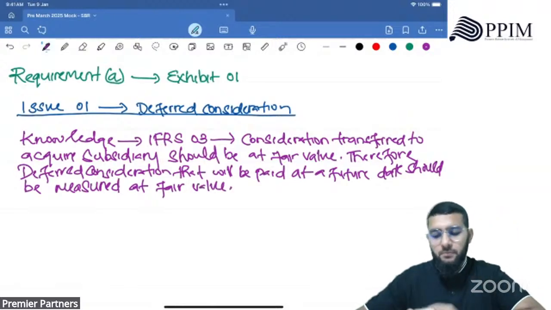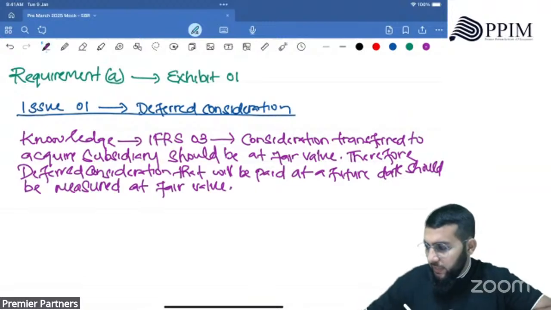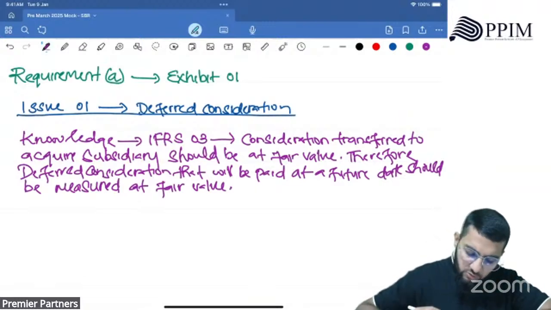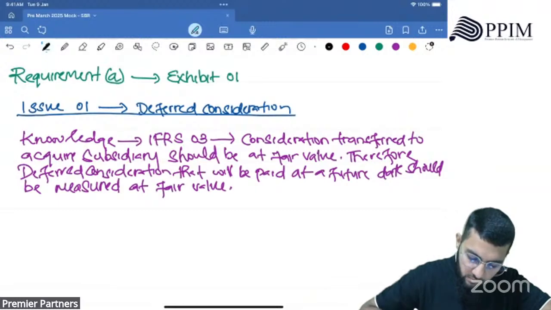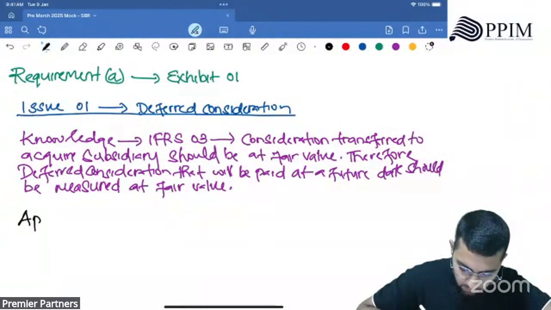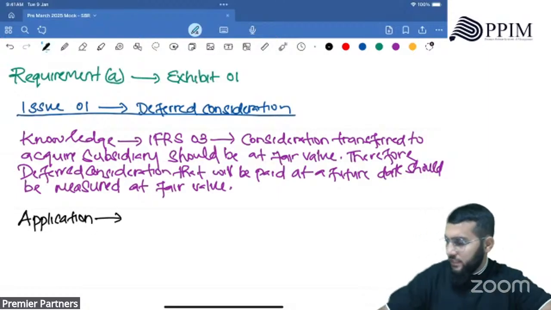That's the knowledge part. Then there is going to be the application. Then comes the application.